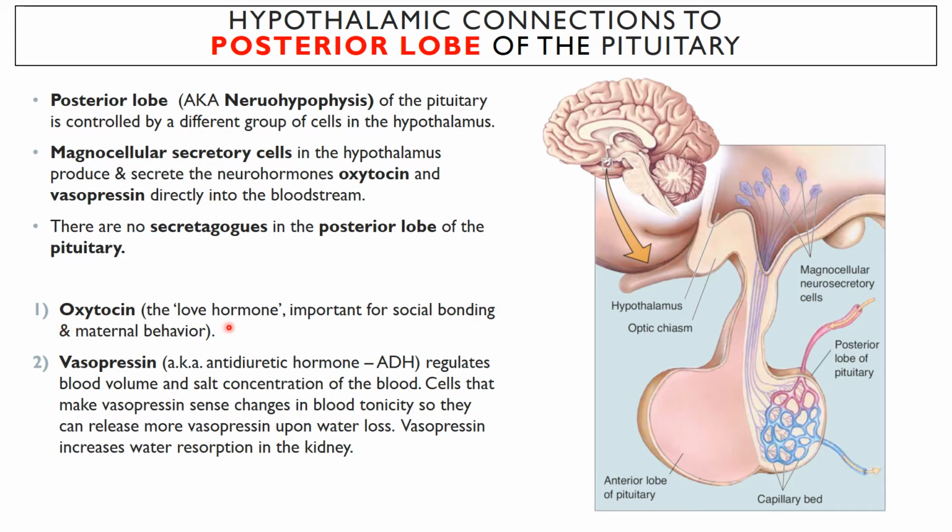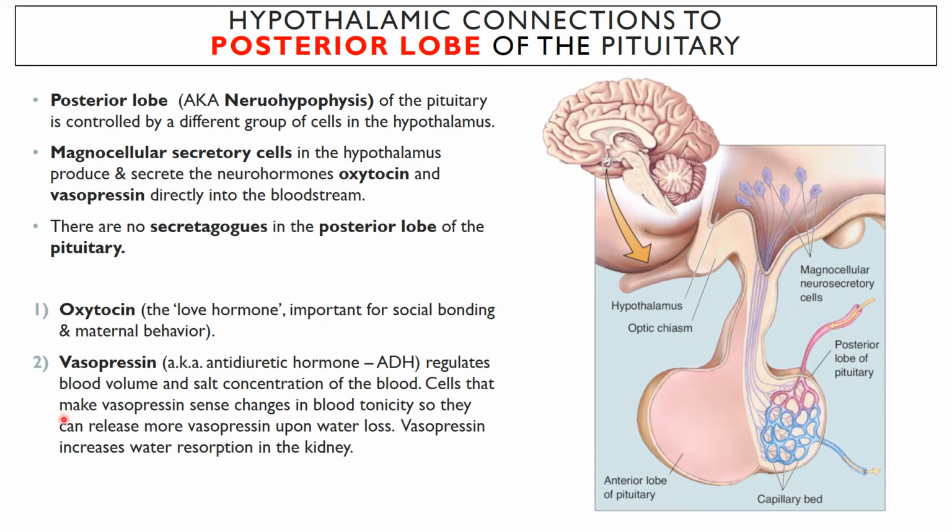Oxytocin is in the media referred to as the love hormone. It's a lot more complicated than that, as we'll learn. But it is very important for social bonding and maternal behavior. And then there's vasopressin. Vasopressin is a multifunctional hormone. It gets its name, vasopressin, because it's an antidiuretic. It regulates blood volume and salt concentration. So it changes the pressure in the vasculature, hence its name.